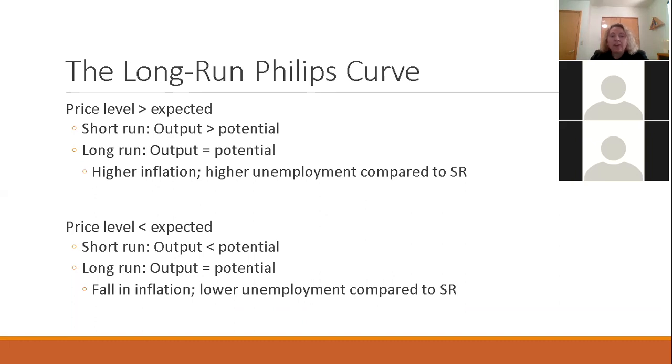Higher unemployment than when we had the expansionary gap. Sorry, I should make that distinction. Because remember, we had really low unemployment, lower than natural. So we come back to natural. So where it says higher unemployment, that's just from the short run. Higher unemployment than we had in the short run, but that was not sustainable unemployment rates, right? But then we end up with higher inflation.